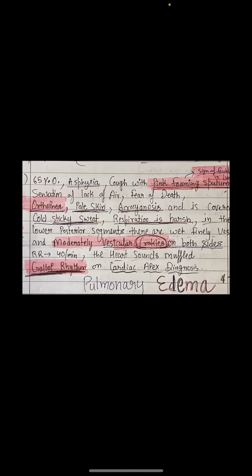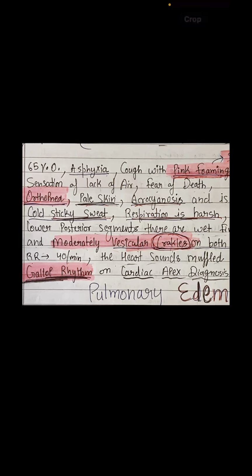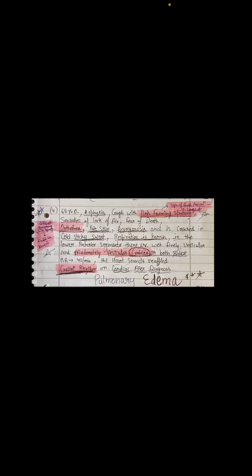Acrocyanosis, he is covered with cold, sticky sweat. Respiration is harsh in the lower part of the lungs. There are wet, fine and medium vesicular crackles. So for pulmonary edema, the KROK question highlights the word crackles most of the time.